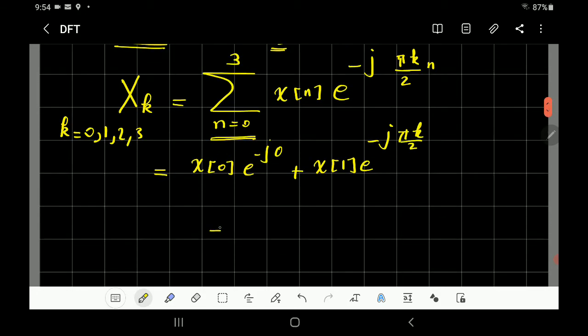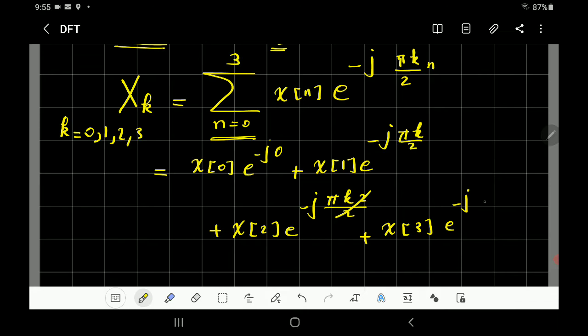Plus x of 2, e to the power minus j, 2 pi k over 2, the 2 cancel. Plus x of 3, e to the power minus j, 2 pi k over 2, and n is equal 3. I'm sorry, there is no 2 here. 2 was cancelled before, so you have 3 for n.